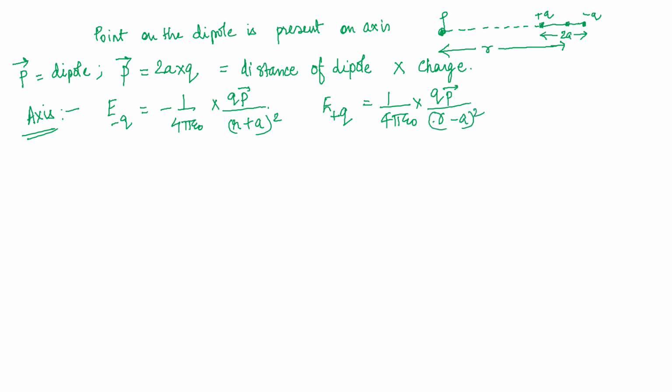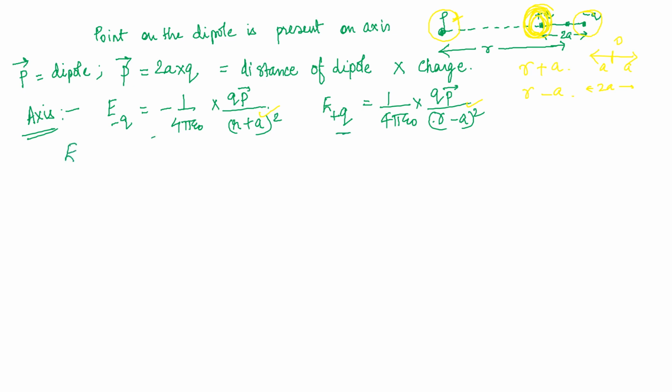See, the distance from this point to point P is R plus A, not 2A. From the center, this is A, and the whole is making 2A, so it should be just A. And from this other point to the point P, the distance is R minus A. Hope how we have taken the distance is clear. So this is for plus, this is for minus.